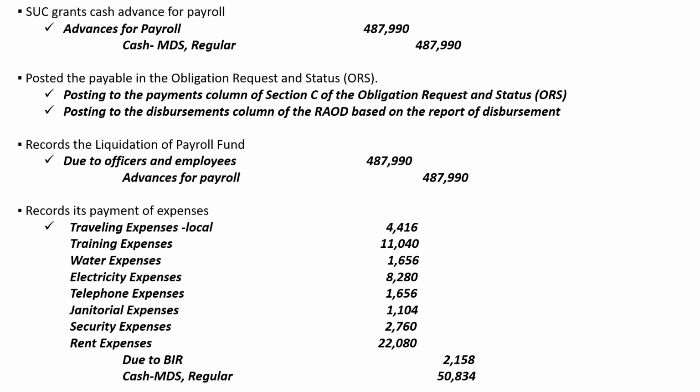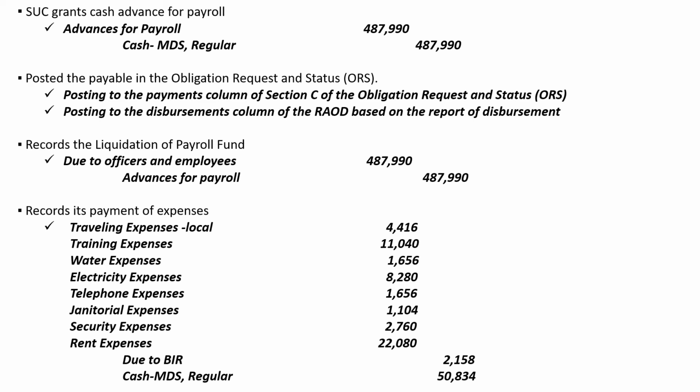Debit traveling expenses, local, 4,416. Training expenses, 11,040. Debit water expenses, 1,656. Debit electricity expenses, 8,280. Debit telephone expenses, 1,656. Debit janitorial expenses, 1,104. Debit security expenses, 2,760.